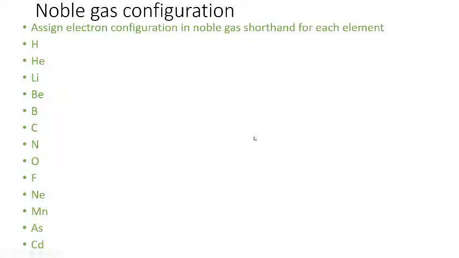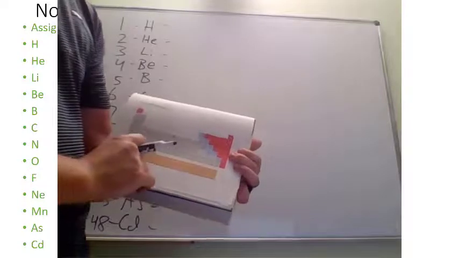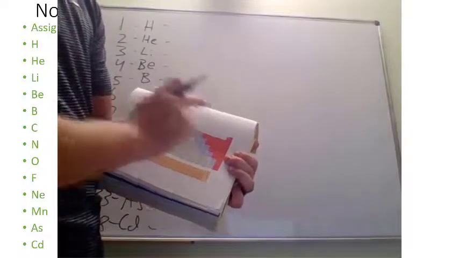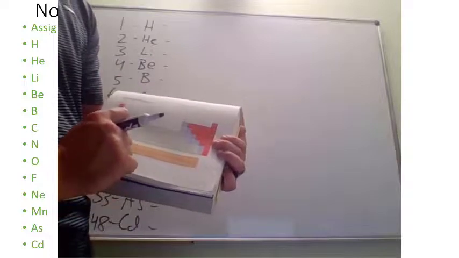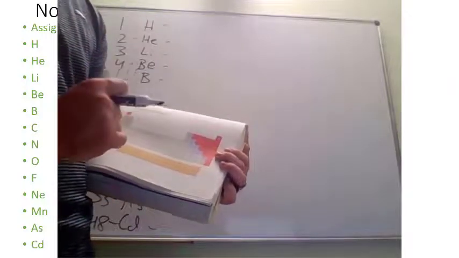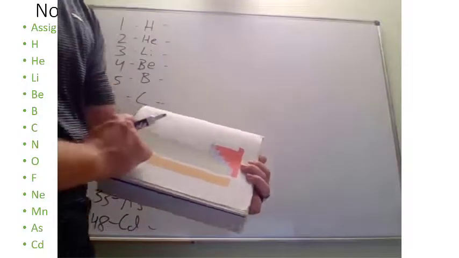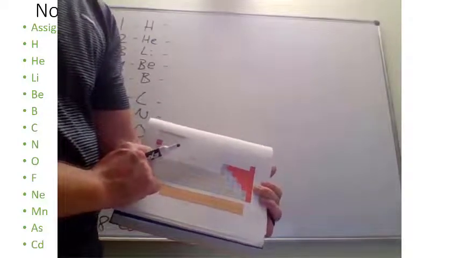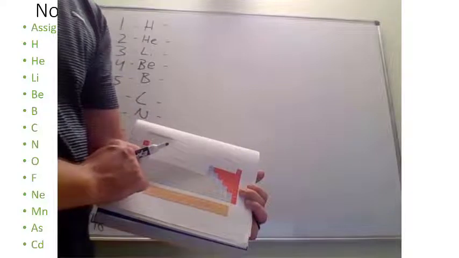So if we switch over and do the noble gas configuration, the way that we write it for all of these elements is you take a look at your periodic table, and whatever noble gas comes directly before the row in which you're dealing with, that's what you start off with. Okay, so if I'm talking about sodium, number 11, I look for the noble gas immediately prior.